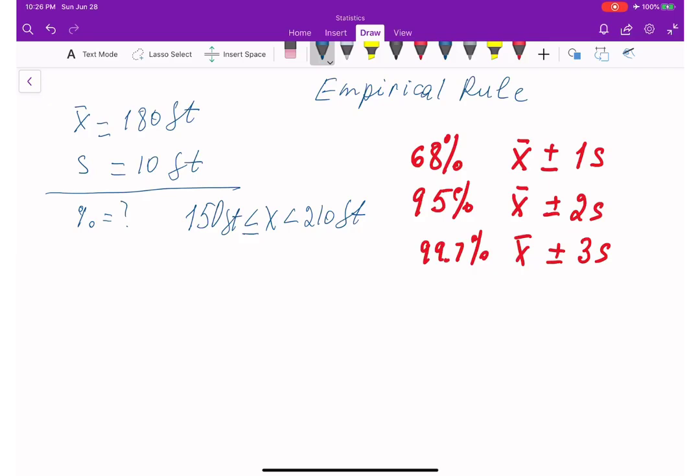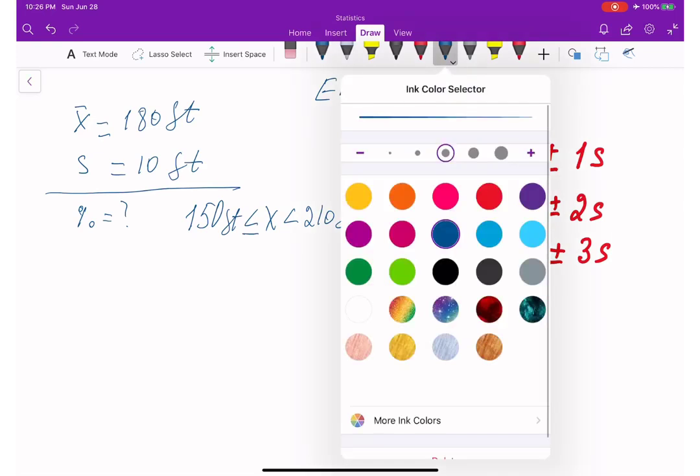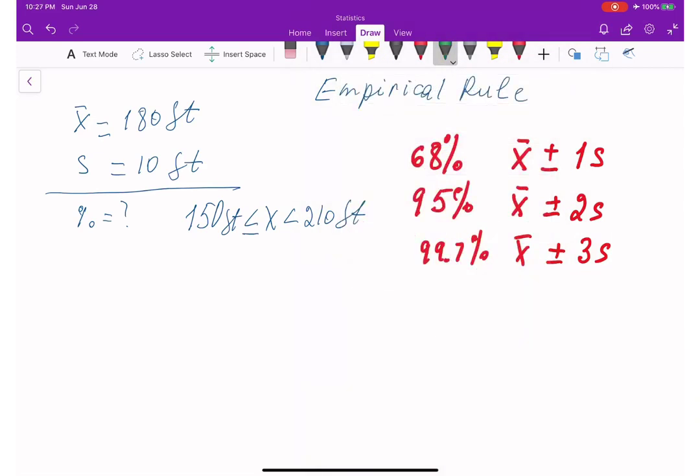Okay, so first step, we are going to test 68%.